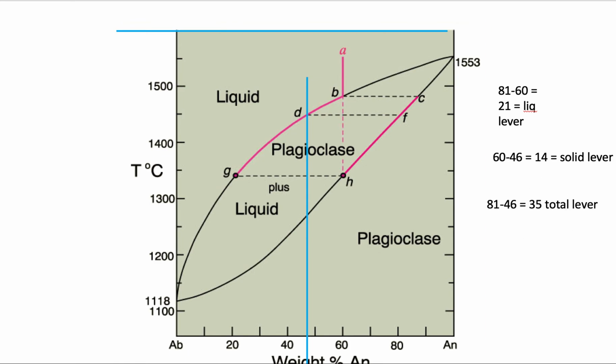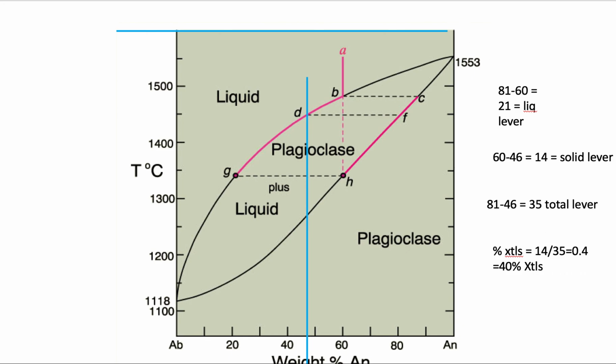So for the fraction of crystals, the percent crystals in the system, we'll write as a fraction first. That would be our solid lever 14 divided by the total lever 35. And 14 over 35 is equal to 0.4. So that is equal to 40%. So we have 40% crystals.